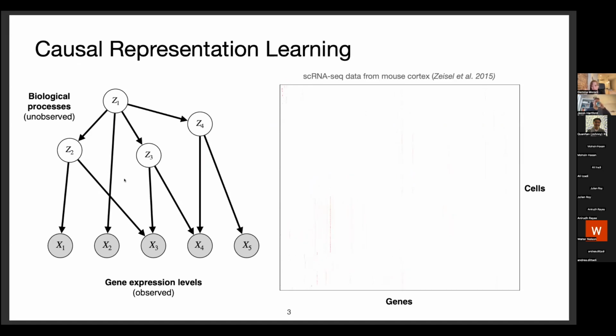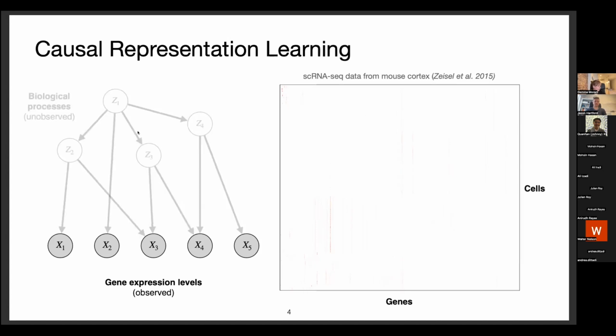So if we see a bunch of genes that all coordinate at the same time, their expression levels all happen at the same time, we might expect that they are driven by the same kind of underlying biological process happening in the cell. And so this is the goal of causal representation learning, to try to get at these underlying processes describing our high dimensional data.